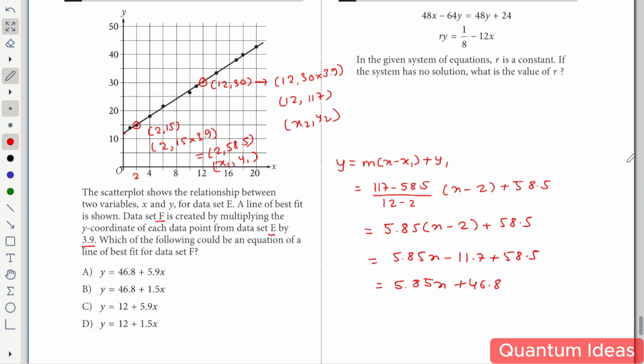Rounding a little, 5.9x plus 46.8 is our final answer, and that is A. So A is our correct answer.